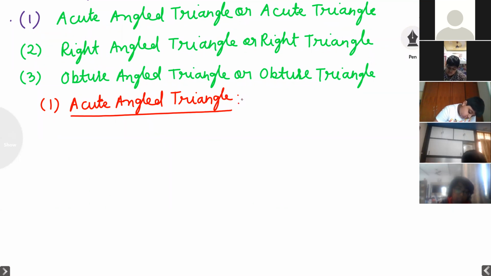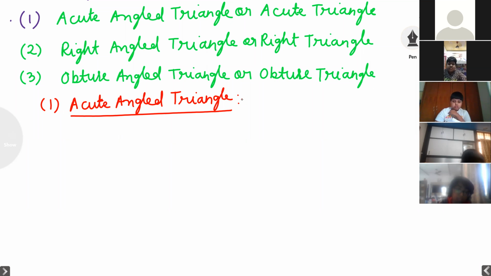What is the meaning of acute angle triangle? His name is what? Acute. Listen carefully, everyone. All students stop writing. His name is what? Acute angle triangle.